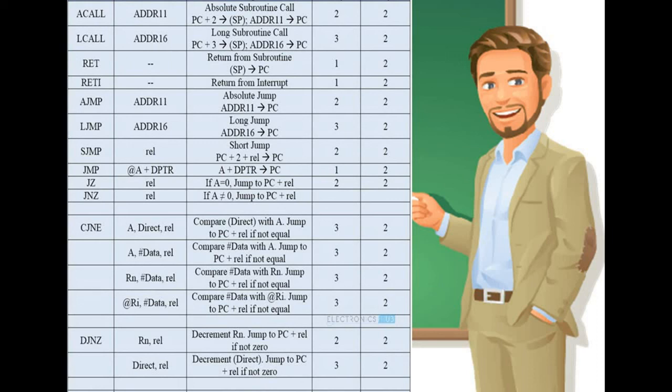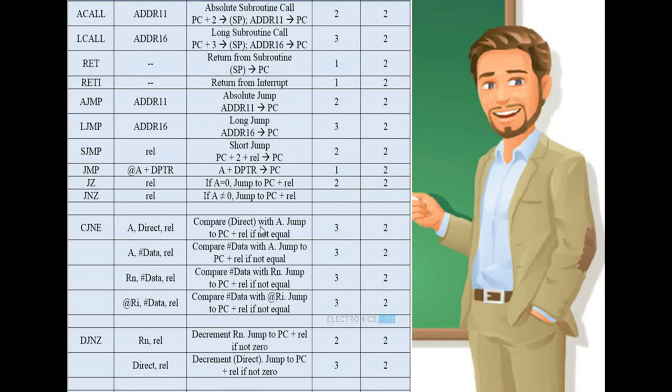For example, comparing INDIA with POWER: INDIA has 5 characters and POWER has 5 characters. When I compare these two, we check whether it is equal or not. Compare jump if not equal: if it is not equal, go to this one; if it is equal, go to another instruction.